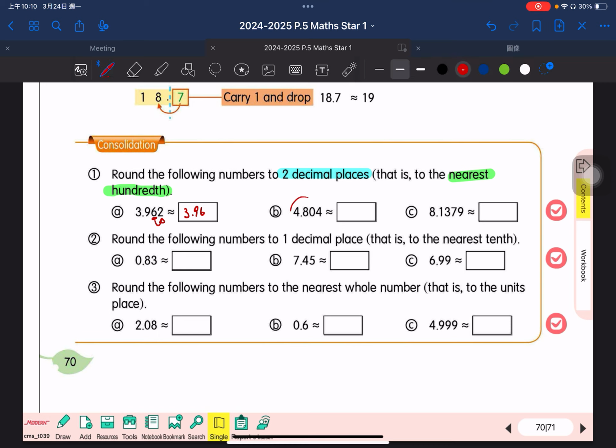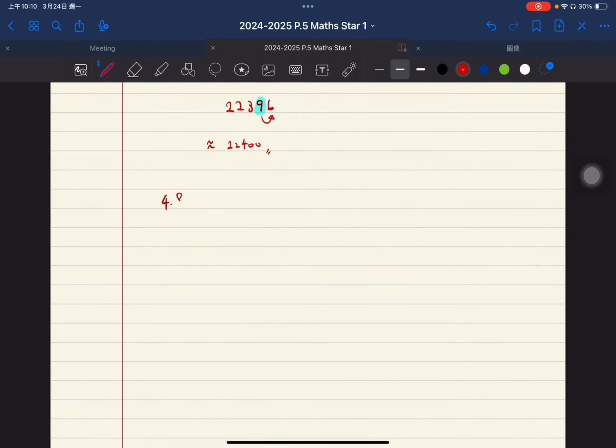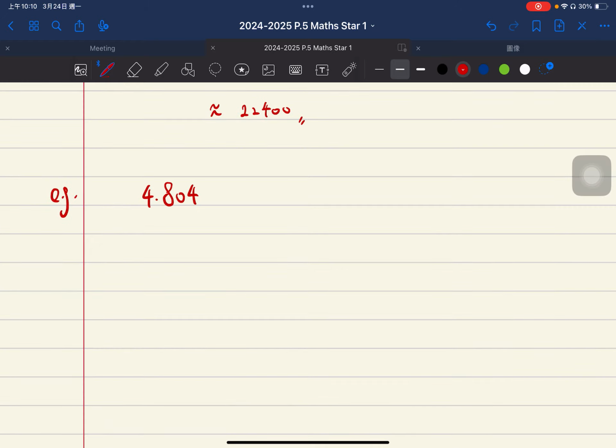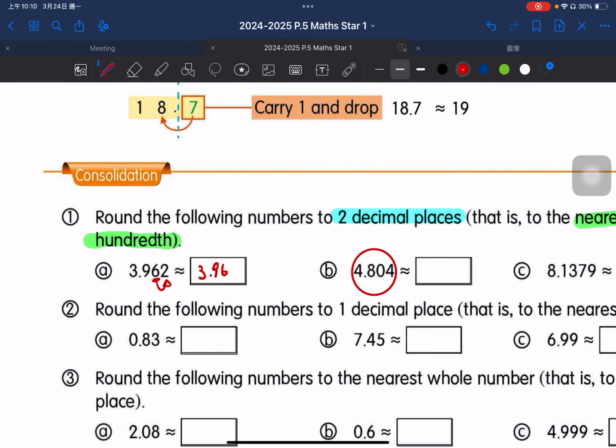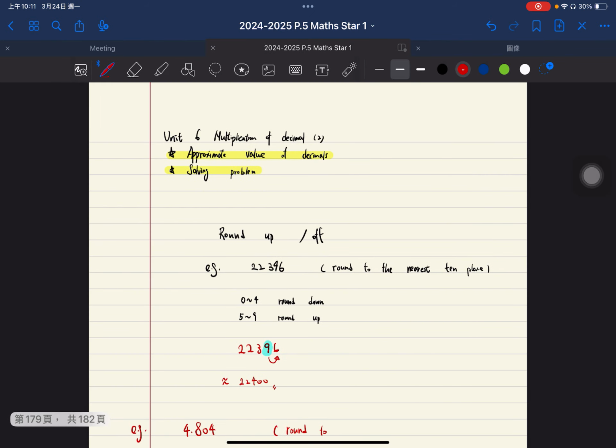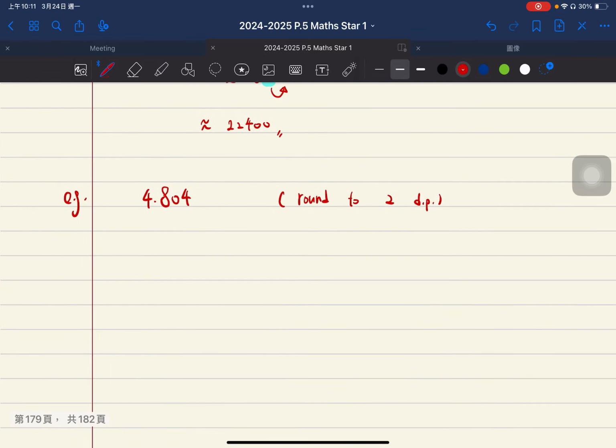Let's take another example, 4.804. We would like to round to two decimal places.